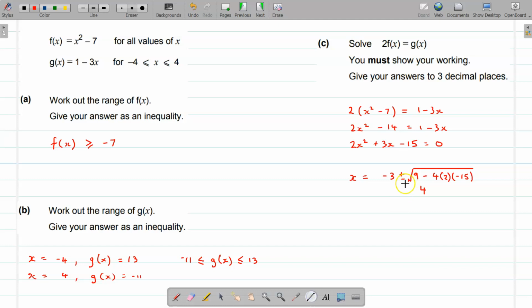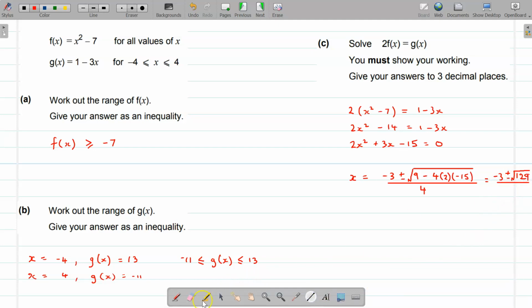And when you simplify that on the calculator, you get minus 3 plus or minus root 129, all over 4.